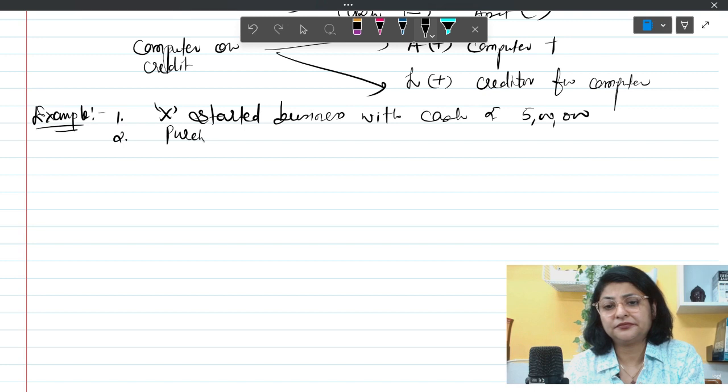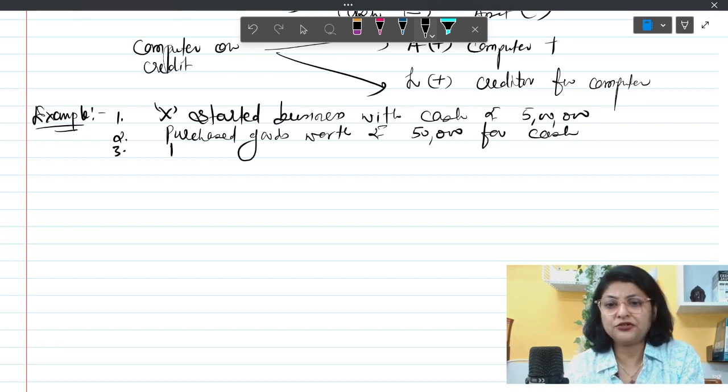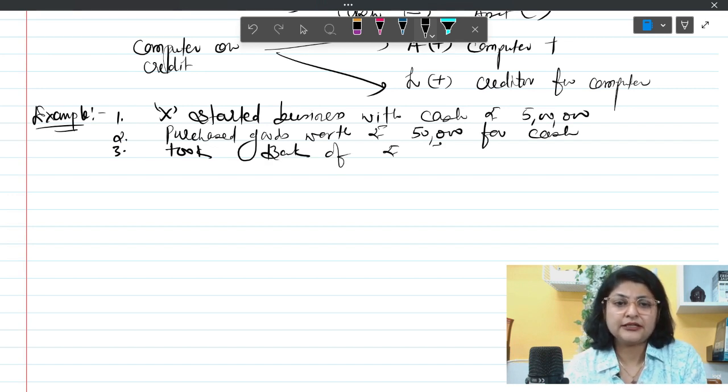Then I'm writing the second transaction. Purchased goods worth rupees 50,000 for cash. Third transaction I'm writing, took bank loan of rupees 75,000.